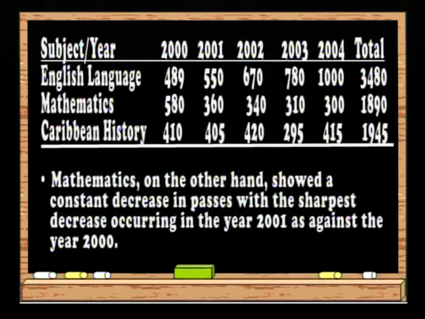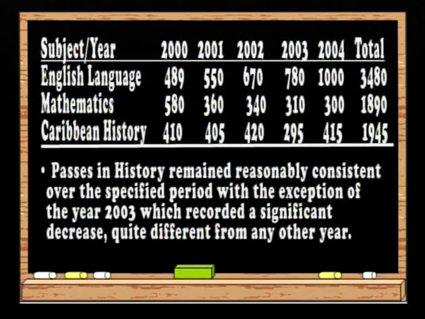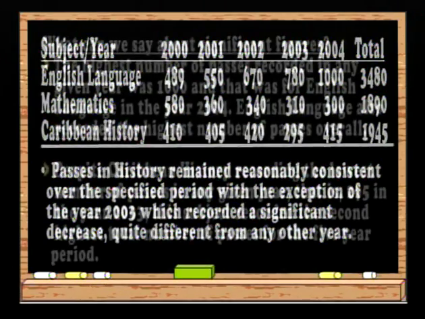Mathematics, on the other hand, showed a constant decrease in passes, with the sharpest decrease occurring in the year 2001 as against the year 2000. Passes in history remained reasonably consistent over the specified period, with the exception of the year 2003, which recorded a significant decrease, quite different from any other year.